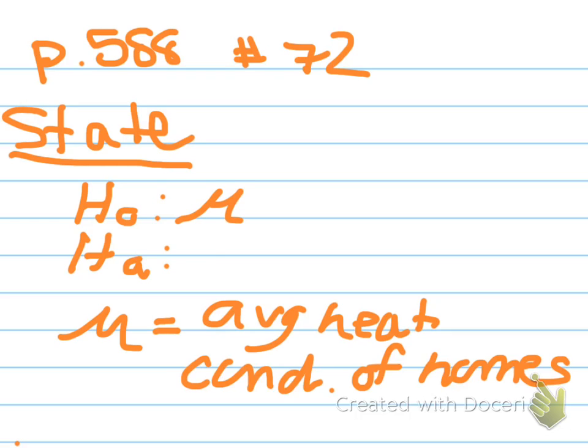We have mu and we have mu. We want to find, is there evidence that it's greater than 1? We always set the null equal to whatever it is, so those will always match. There's my state part. My next part is my plan.